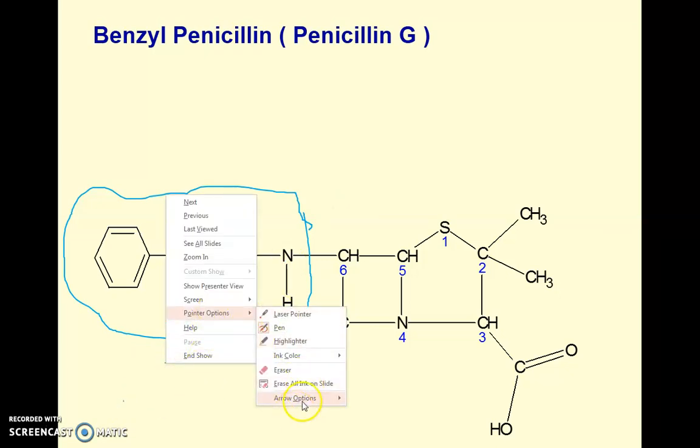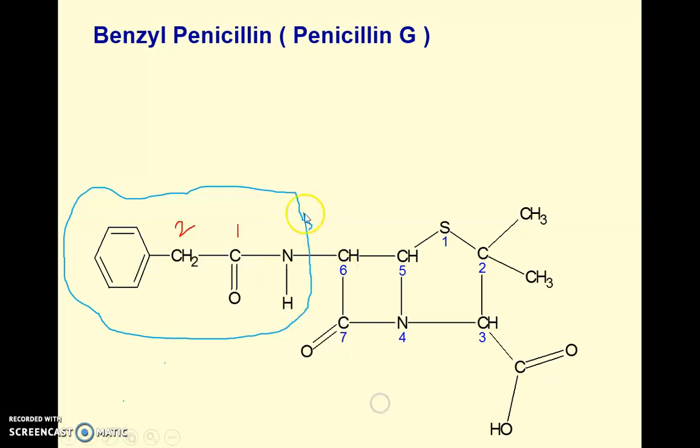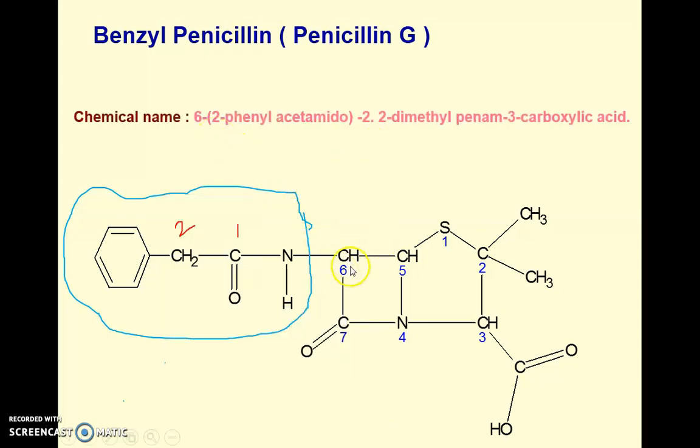Finally we can see the name of this structure that we call benzyl penicillin. We already saw penam-3-carboxylic acid: this is the penam, at the third position a carboxylic acid, penam-3-carboxylic acid as the parent nucleus, which we mention at the last. At the second position there are two methyl groups, 2,2-dimethyl, and the complicated substituent is at the sixth position.